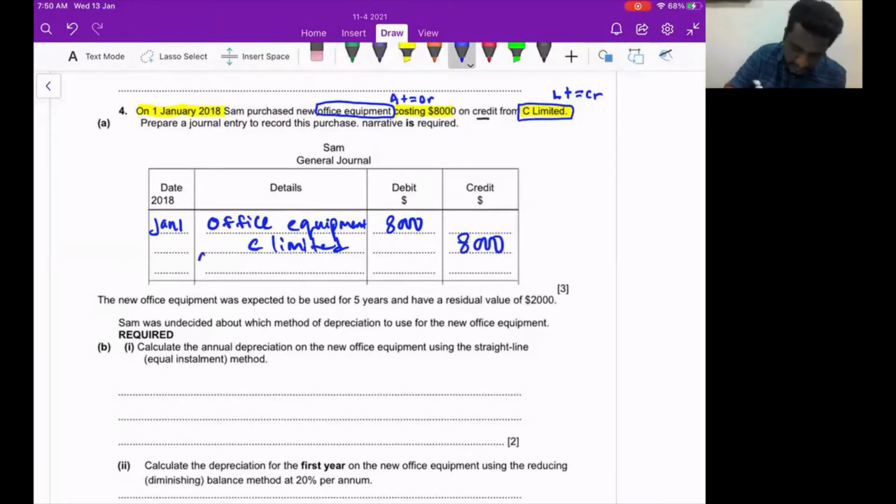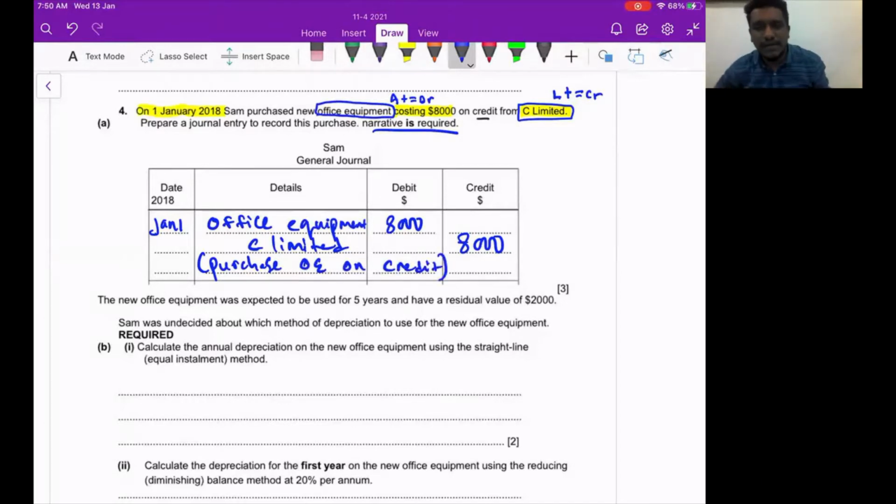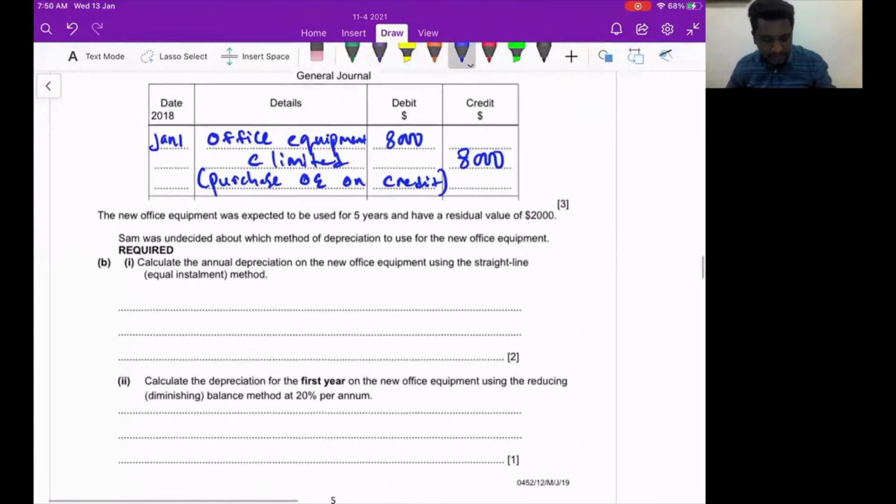Then you need to write the narrative, because narrative is required. Purchase office equipment on credit. That's the first narrative. Okay, now we continue.